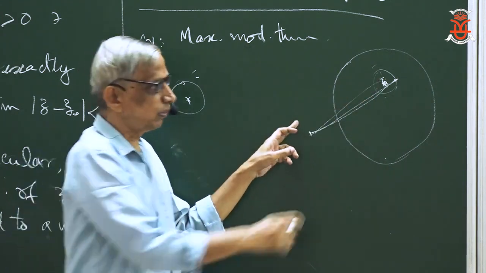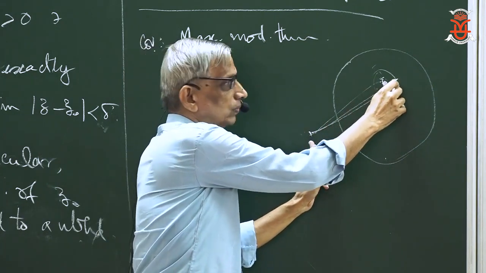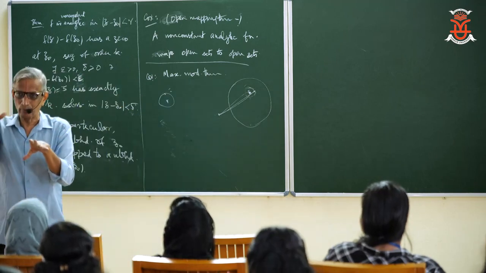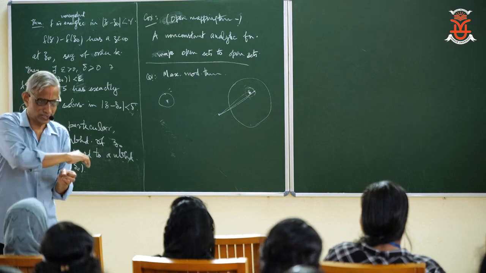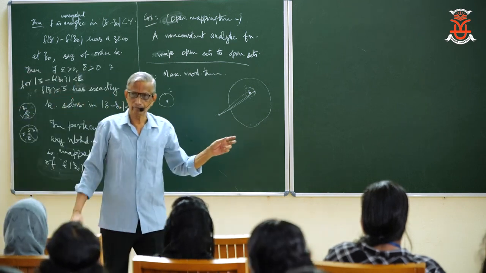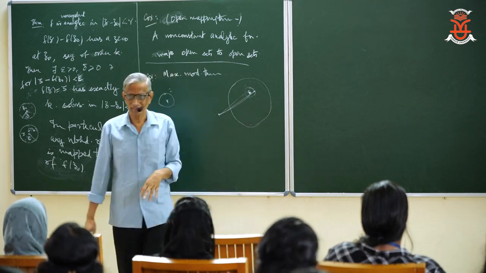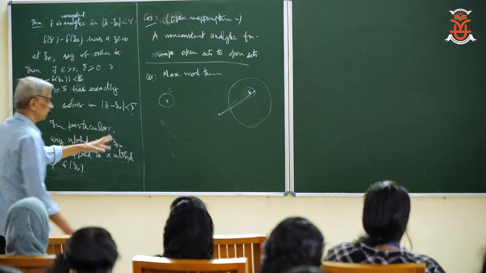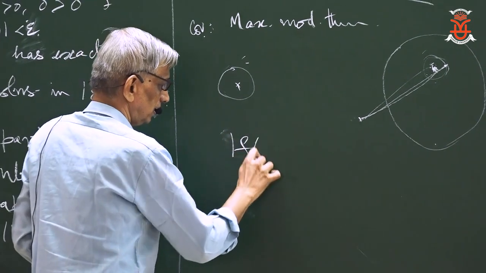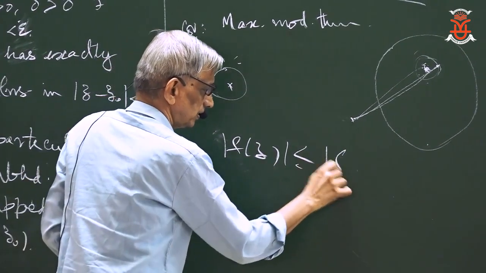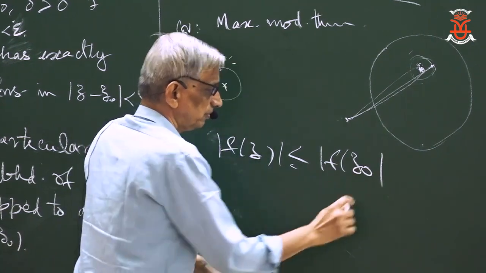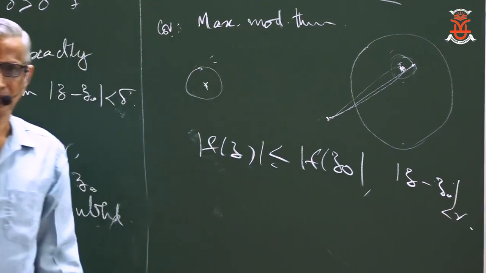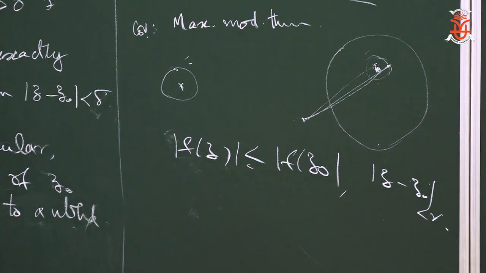You have points all around it which are in the range. So in fact, there will be many points in that disk which are at a distance greater than the modulus of f(z naught). Right? So f(z naught) cannot be a maximum in a neighborhood. Or if you want to write, suppose mod f(z) is less than or equal to mod f(z naught) in a neighborhood, say, less than r, that is, the function has a local maximum at z naught.